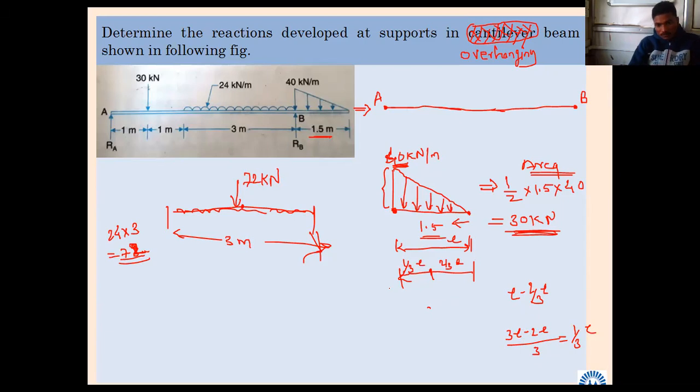Are you getting it? Yes, sir. The load has to be shown at 2/3 distance from the apex, or we can say 1/3 from the base side.